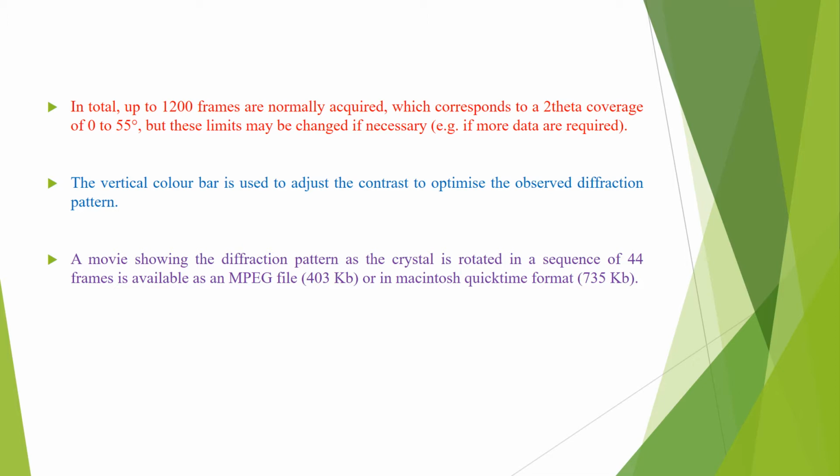For example, if more data is required, then a typical program frame for a strongly diffracting crystal is shown below. The vertical color bar is used to adjust the contrast to optimize the observed diffraction pattern.